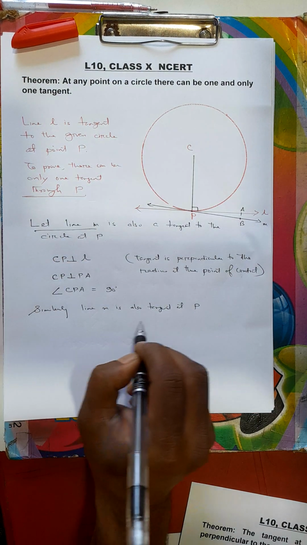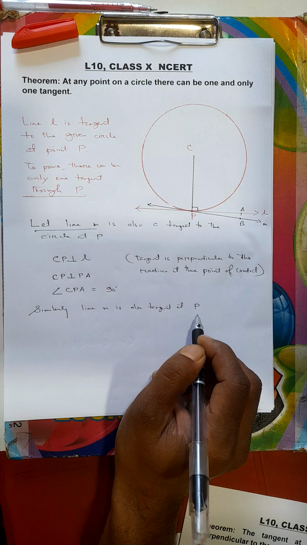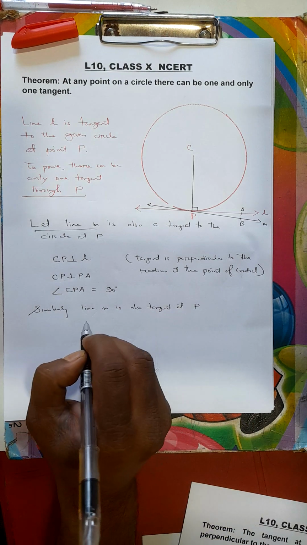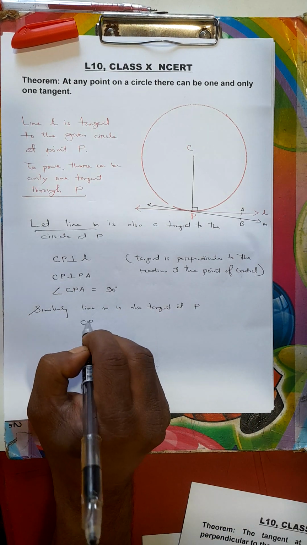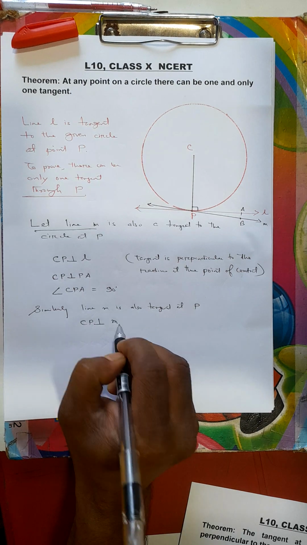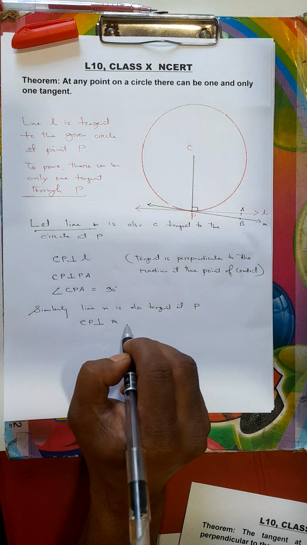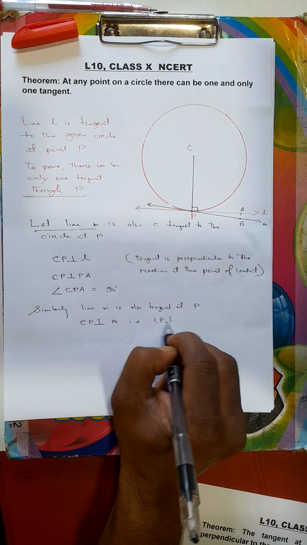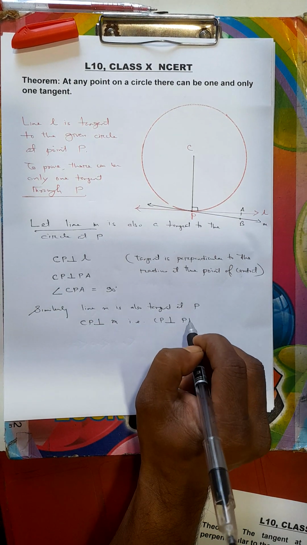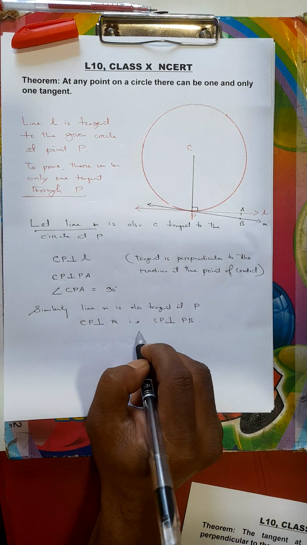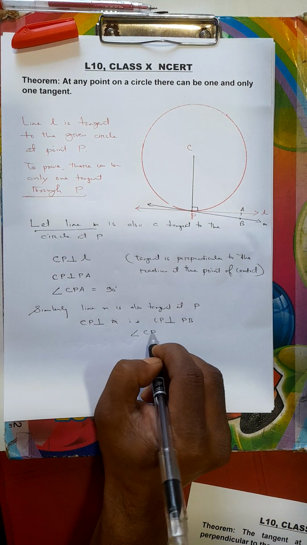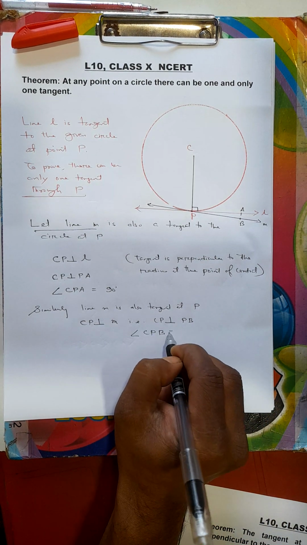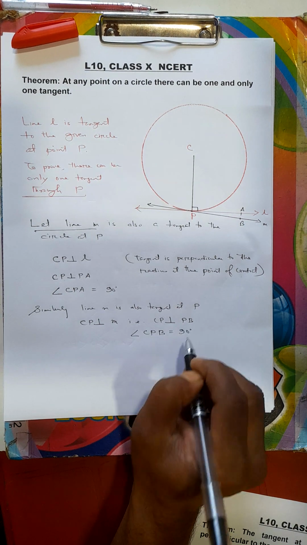So line M is also tangent to the circle at point P. That means CP is perpendicular to line M, or you can say CP is perpendicular to PB, or you can say angle CPB equal to 90 degrees.